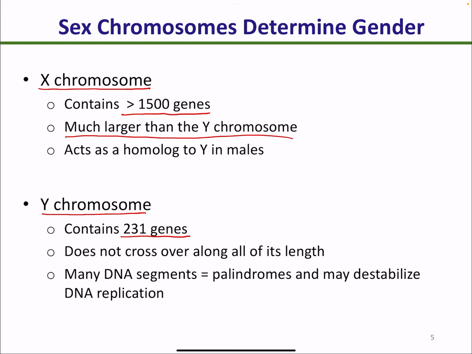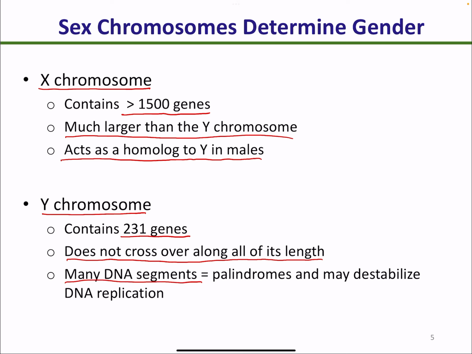The X acts as a homologue to the Y in males only because of the function, not because of the structure, but because of the function. So the Y chromosome does not cross over along all its length with the X chromosome, right?